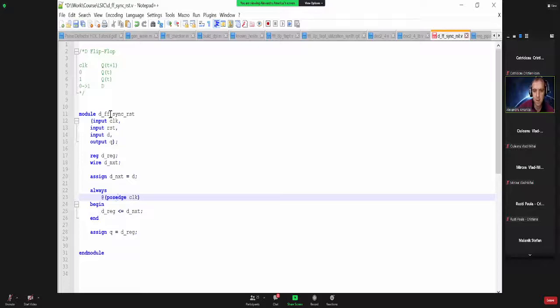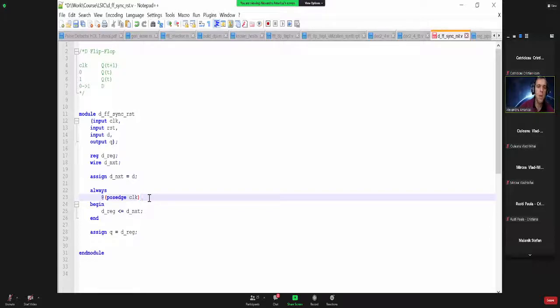So that's the asynchronous reset. It does not matter where the clock signal is. You activate the reset, let's say you put the reset on 0, and the sequential element in that moment becomes 0.